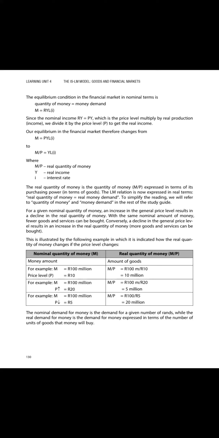We said it can either be precautionary, speculative or transactional. The speculative one is the one that's related with the interest rates, the one I just described. Then the transactional one is related with the income levels.